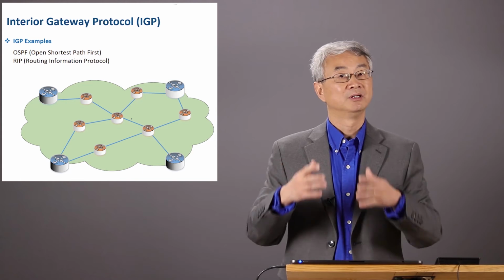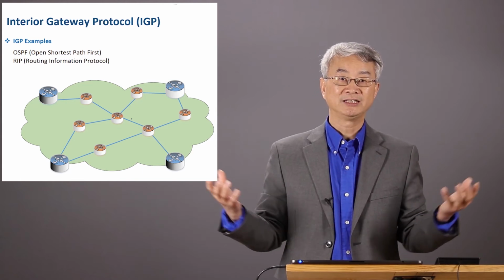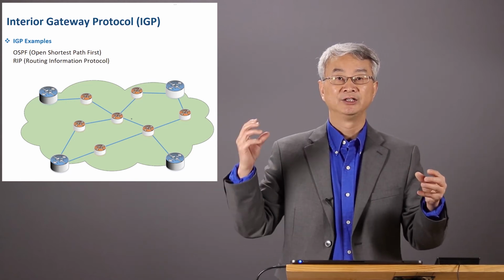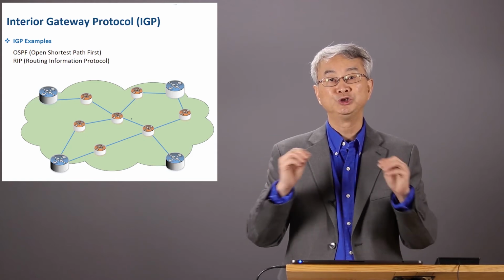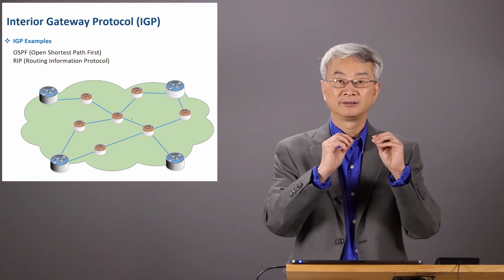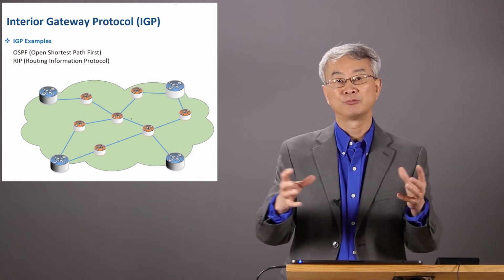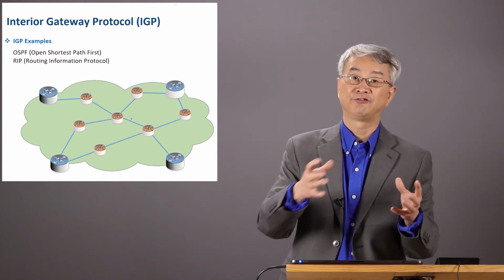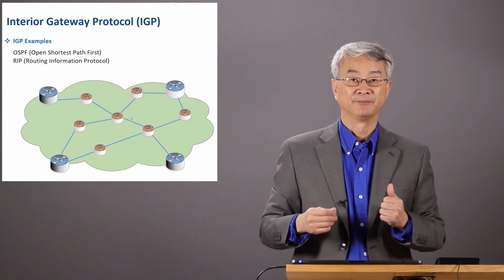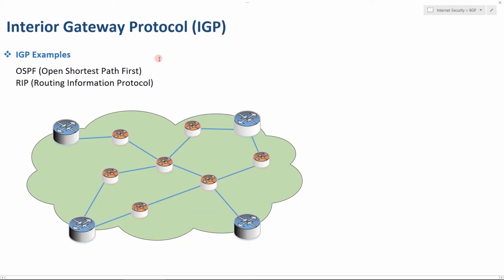They just need to know the direction. So once you collect all the information, you're going to disseminate the information, usually through a different routing protocol. So interior routing protocols are usually different from BGP. For example, two of the popular protocols are called OSPF and RIP.